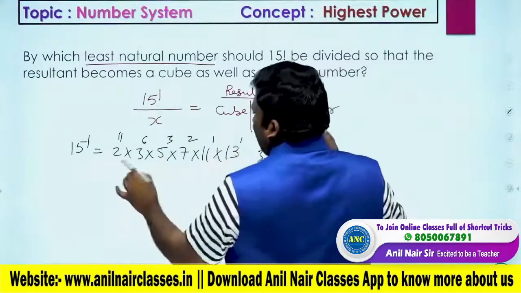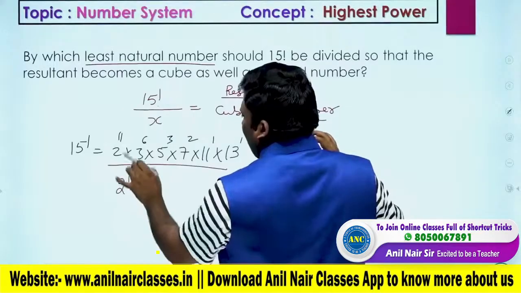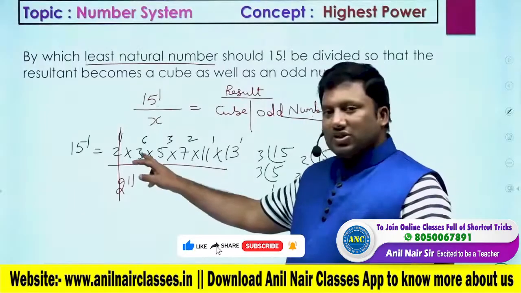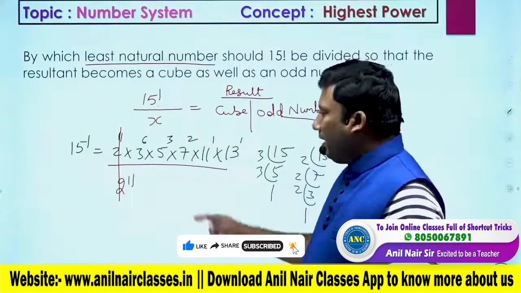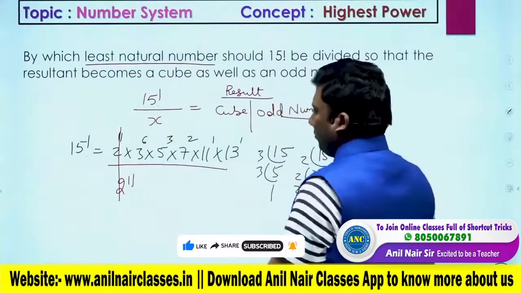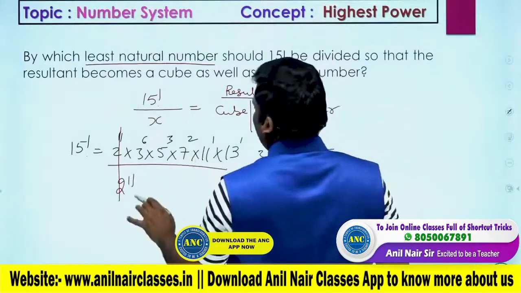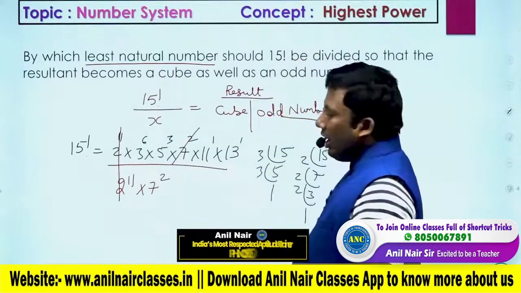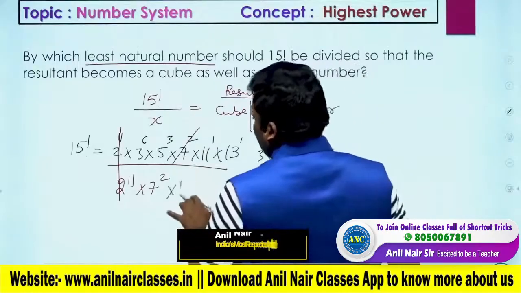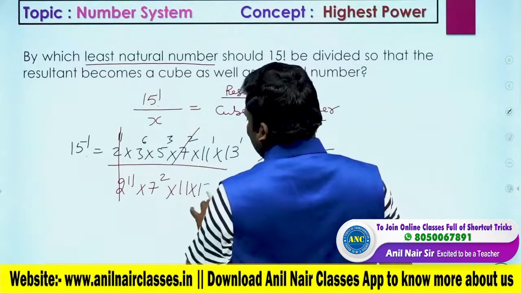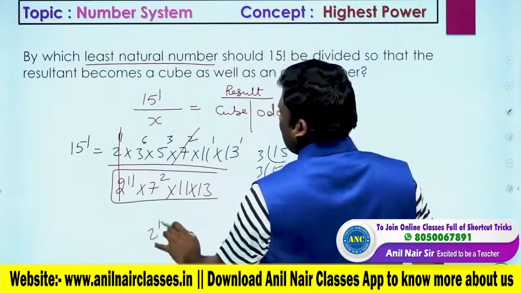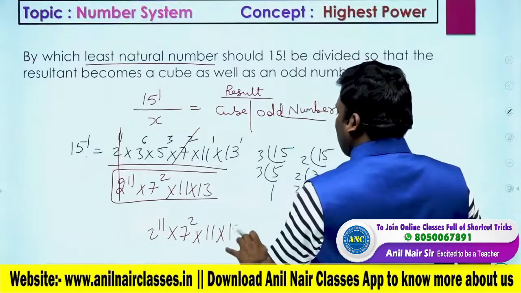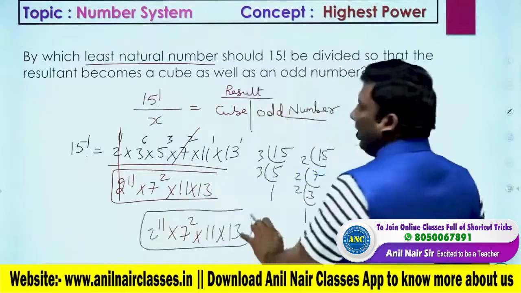Because it is an odd number, the 2 power 11 will get cancelled, otherwise it will become even. 3 power 6 is a cube, a power of 3. 7 square should be divided, otherwise it affects the cube. 11 should be divided by 11, 13 should be divided by 13. So the answer is, this entire number should be divided by 2 power 11 into 7 square into 11 into 13.